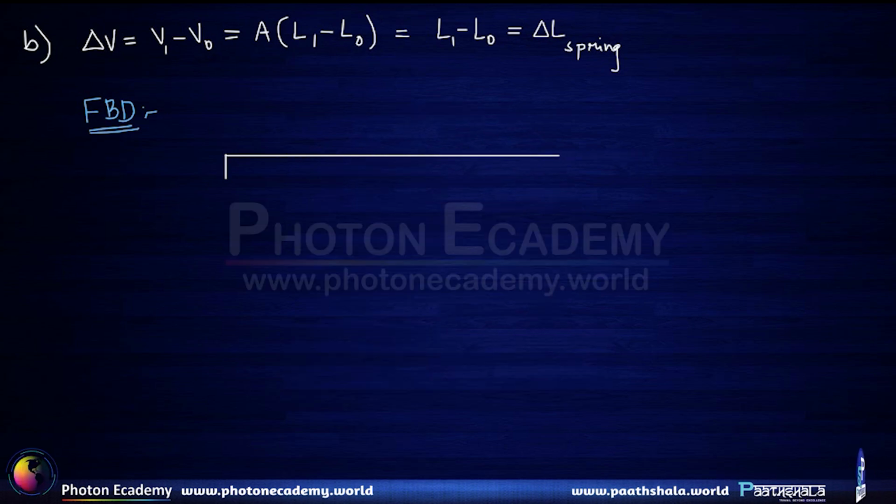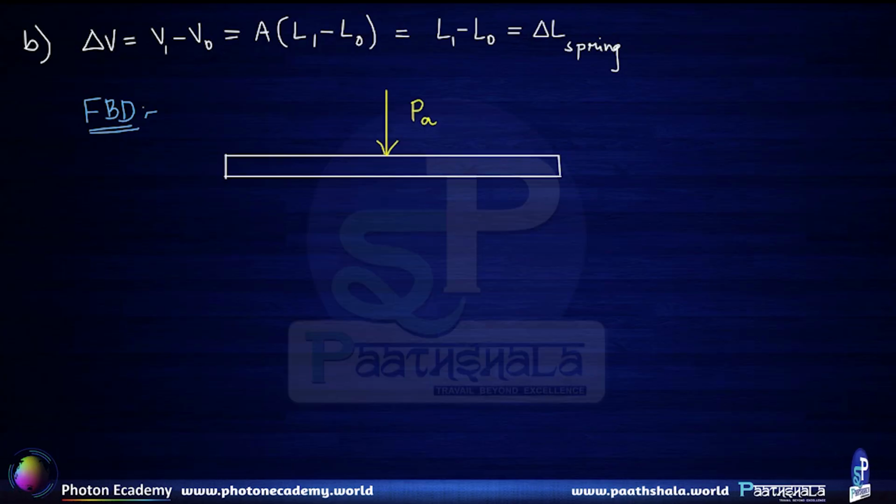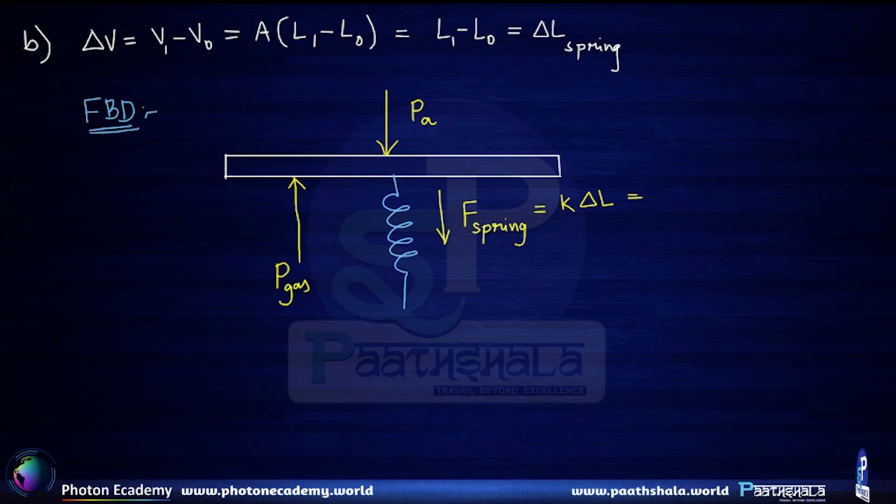This is the piston, and we have external pressure acting from outside of the piston, which is atmospheric pressure PA, and from the inside of the cylinder we have pressure of the gas P gas, and also we have spring force which will act in the downward direction, F spring, and the value of spring force will be equal to K times delta L, and we have found out that delta L is nothing but V1 minus V0, so this is going to be K times V1 minus V0.